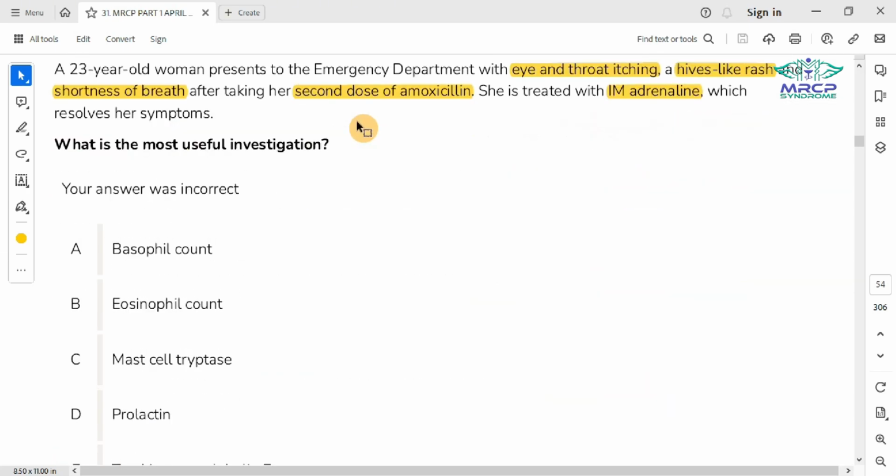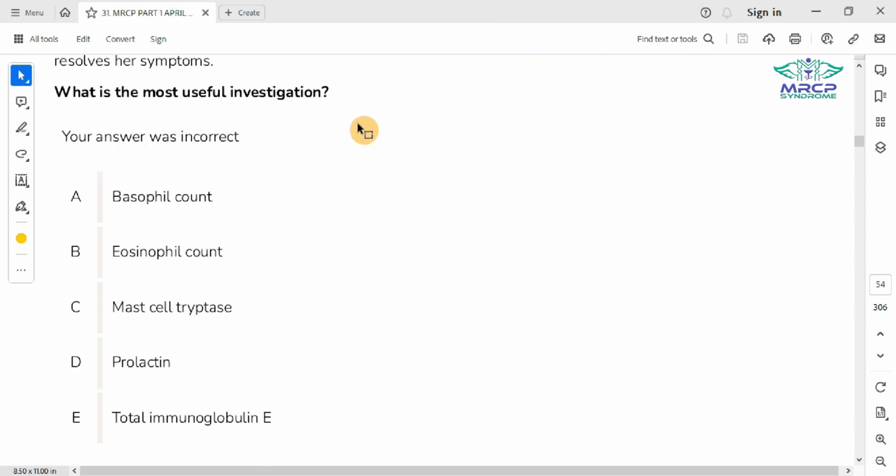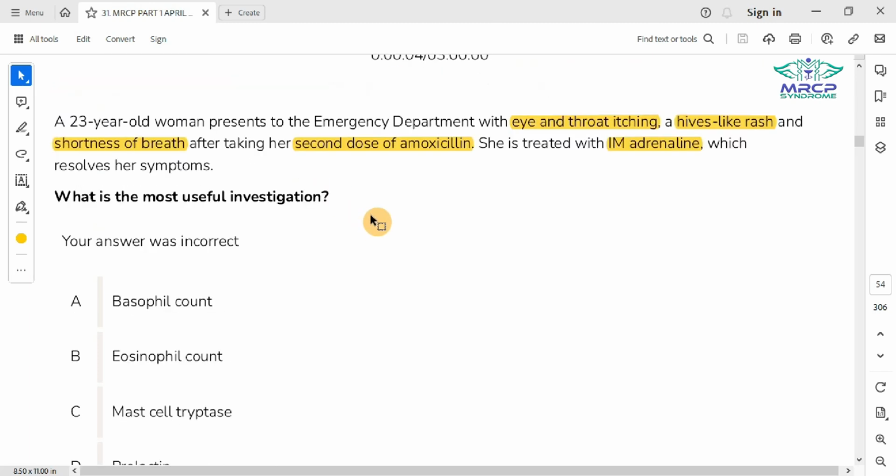What is the most useful investigation? Basophil count, eosinophil count, mast cell tryptase, prolactin, and total immunoglobulin E. A 23-year-old woman presents to the emergency department with eye and throat itching, a hives-like rash, and shortness of breath after taking her second dose of amoxicillin. She is treated with intramuscular adrenaline, which resolves her symptoms.